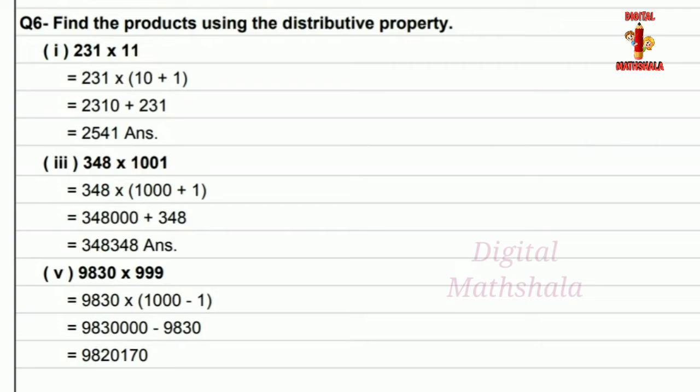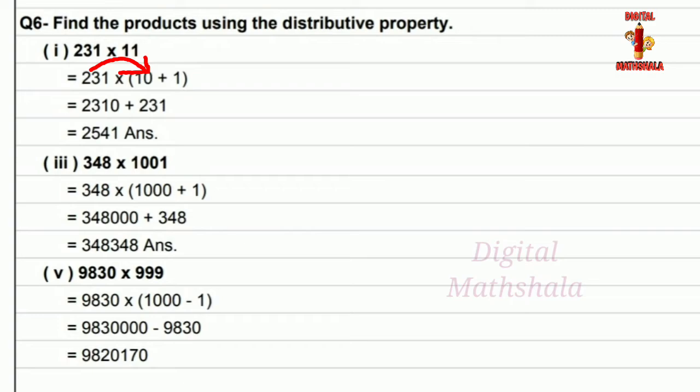So what we will do, we change 11 in a group and we will try to divide the number into two numbers. One of the numbers will contain 0. So here 11 we can easily divide into two numbers, that is 10 plus 1, and then we multiply by 231. So first we multiply with the first number which is given in the bracket, that is 10.